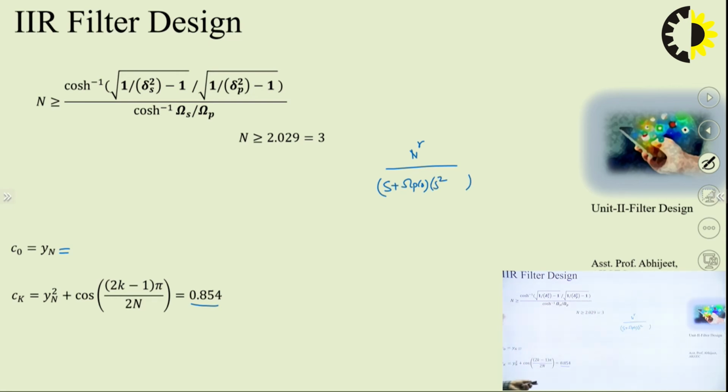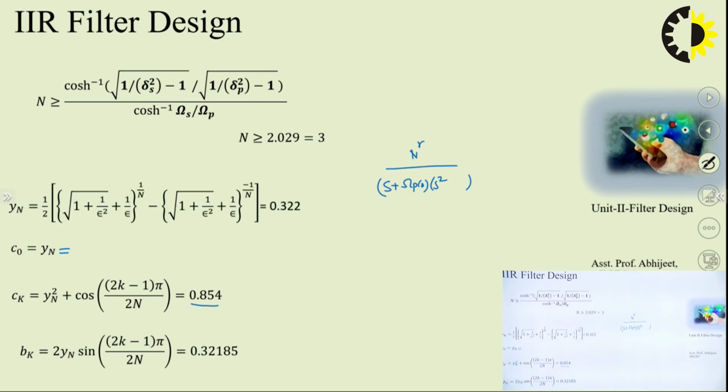Therefore, I only require one ck. We also require a bk, so only one bk is required, and that will be 0.32185, and the value of C0, which is y n, is computed using the value of epsilon in the last slide. Value of epsilon was approximately 0.88. So if I put 0.88 here, it will give me 0.32 and then the remaining values.